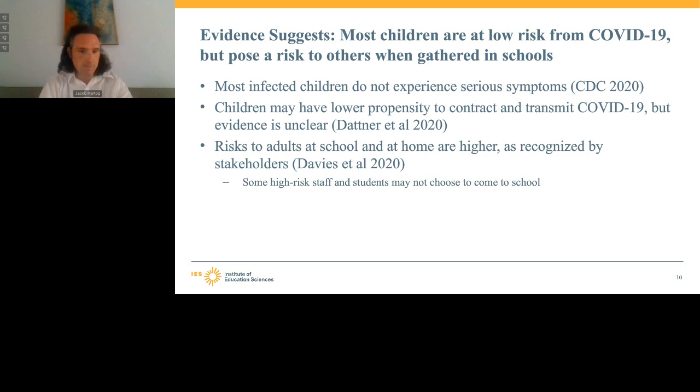The risks to adults, both at school and at home in contact with children, however, are higher. And this is recognized both within the published research as well as throughout our conversations with Pennsylvania stakeholders. For this reason, we heard from a number of stakeholders that some high-risk staff, as well as vulnerable children, may choose not to come to school.